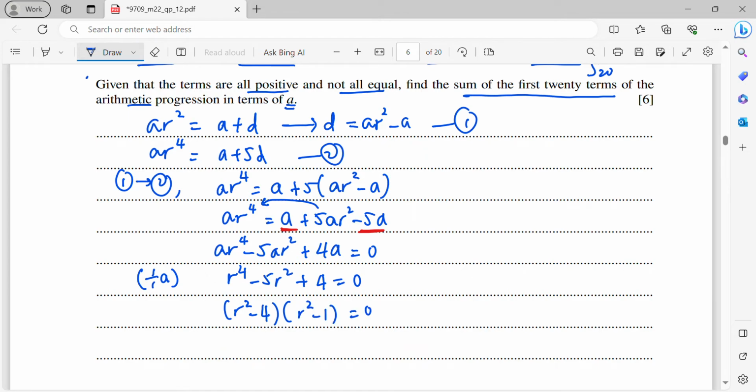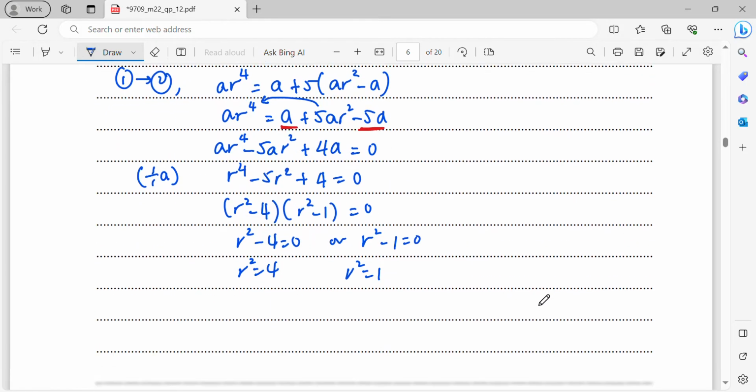Normally you'll be given the quadratic equation with x in the middle term, but now your x has been changed to R squared, so you just change accordingly for this factorization. Now from here, I get R squared minus 4 equals 0, or R squared minus 1 equals 0. Then R squared equals 4, or R squared equals 1.